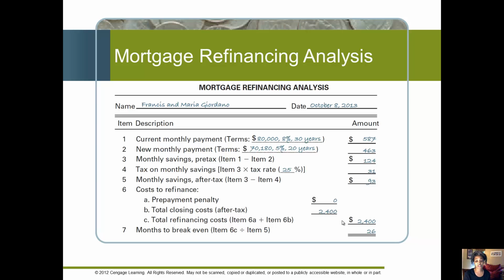And then we have to factor in, as I was mentioning before, the cost to refinance. Are there any prepayment penalties? That's typically pretty rare these days. Are there any closing costs for the loan? Now that should be common.